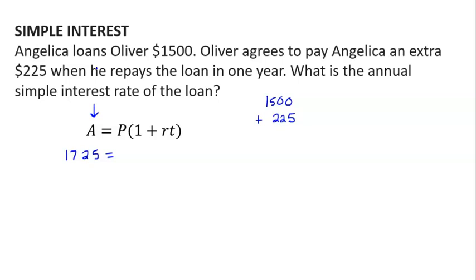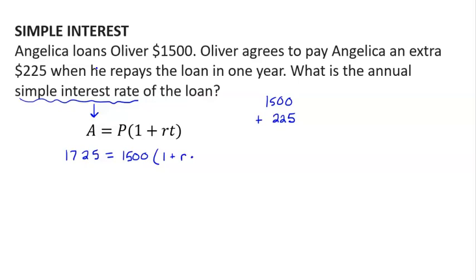So we have 1725, and then we started out with 1500 times 1 plus R, which we don't know what it is because it says what is the simple interest rate, times the time.